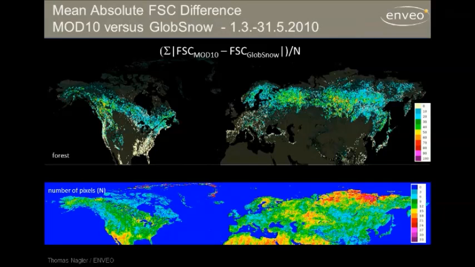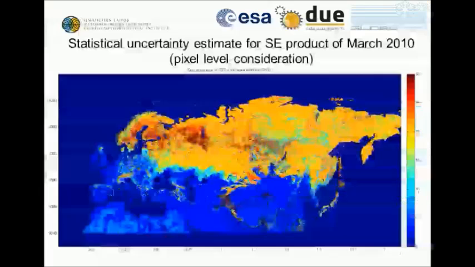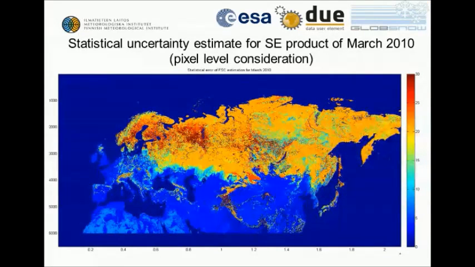We are actually still carrying out further investigations, but what we think at the moment is that we are probably getting a better agreement between the GlobSnow product and the ground truth than what is seen with the NASA MODIS product. And we're also calculating the statistical uncertainty estimate for each pixel.